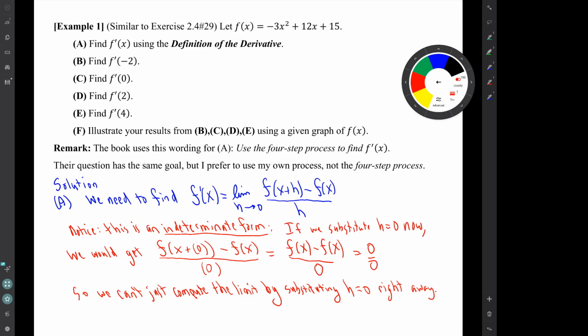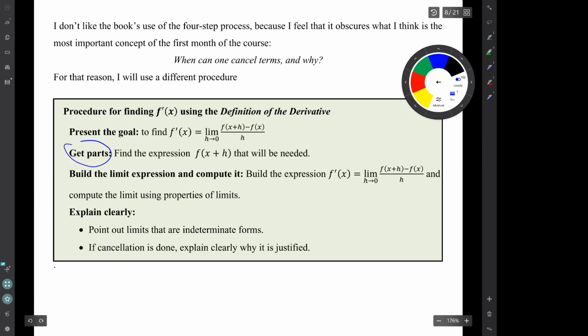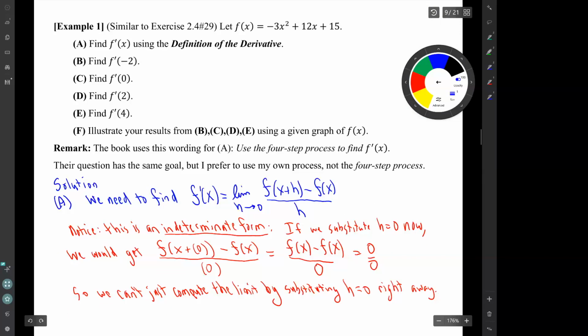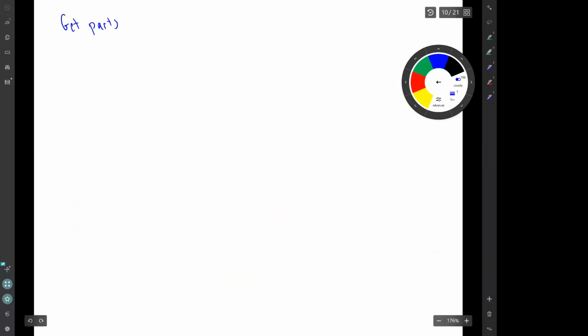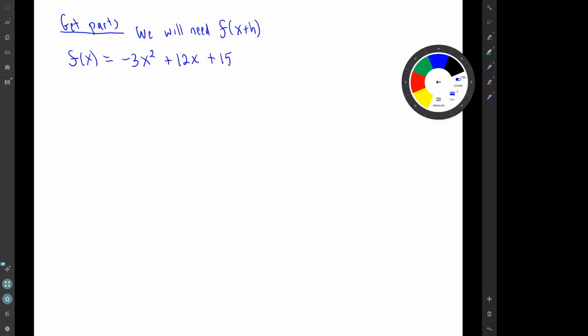So what do we do? Well, again, we have this process. We need to get the parts that we're going to need to build that expression. So we need f of x plus h. Now there's our function f of x. We'll do what we have done before for problems like this.